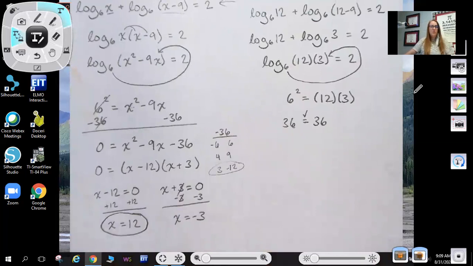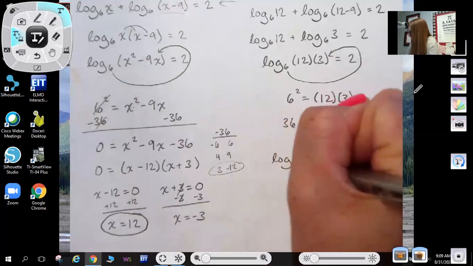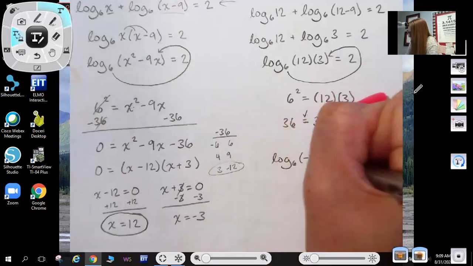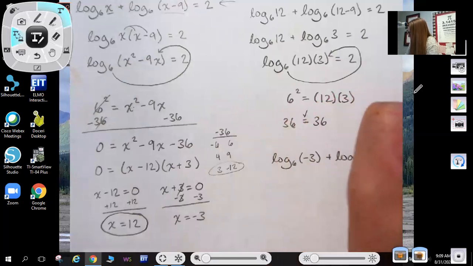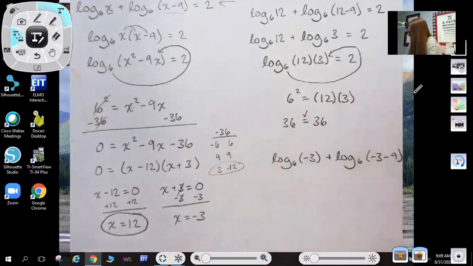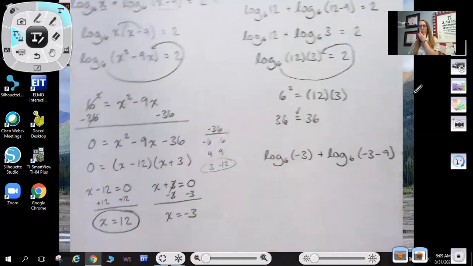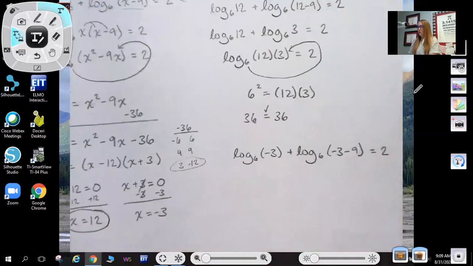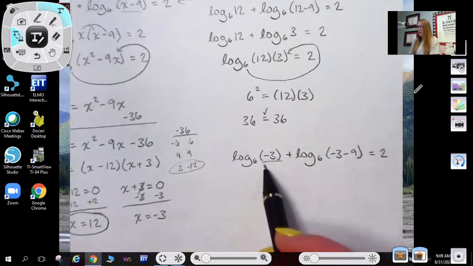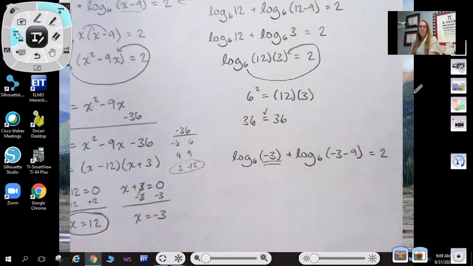Then we check x equals negative 3. So the very first line of the problem, we have log base 6 of negative 3 plus log base 6 of negative 3 minus 9 equals 2. So immediately, I see this negative 3. It's not being squared.